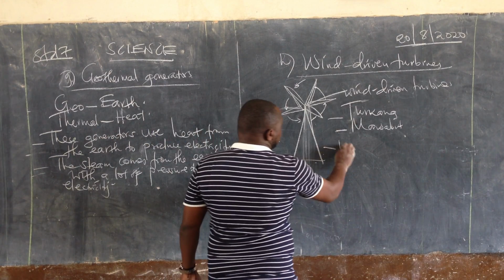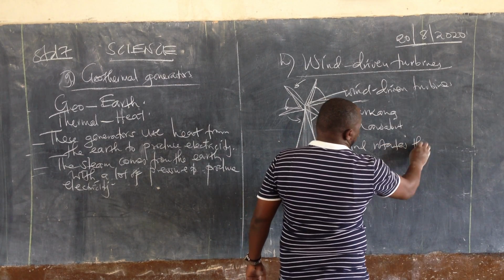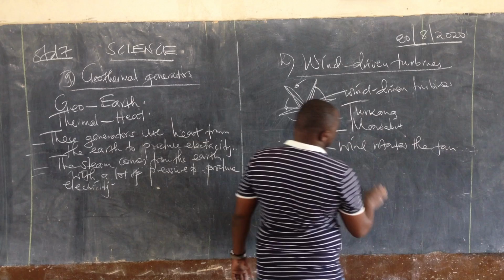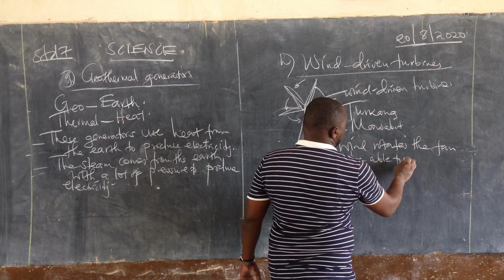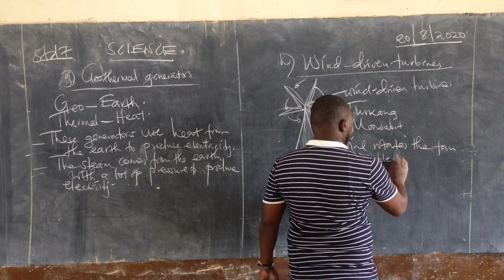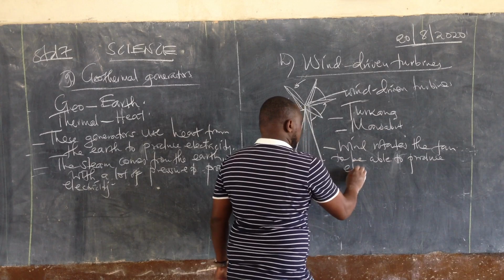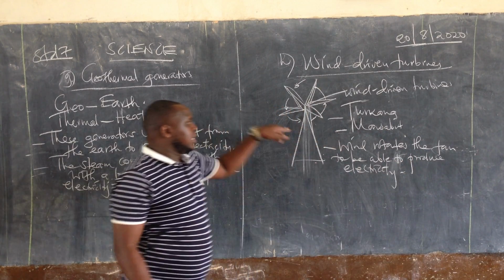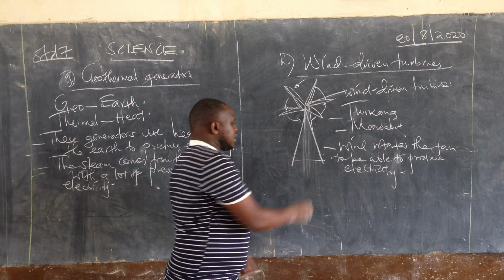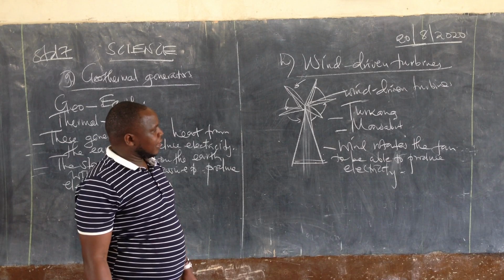So wind rotates the fan to be able to produce electricity. So once they rotate, they are connected to a machine which taps that and produces electricity.